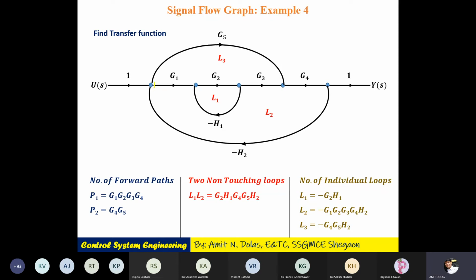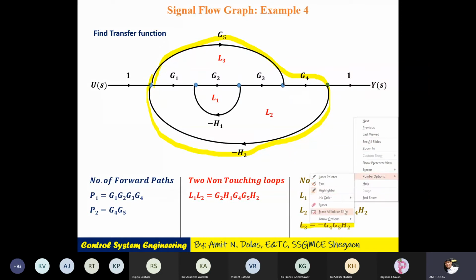I'll show you the loop. This is the loop: G5, G4 and H2. The signal circulates completely. So G5, G4, H2 with a minus sign. I have changed the sequence, that is G4, G5 and H2 minus.